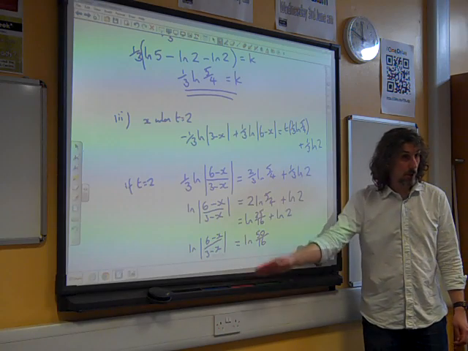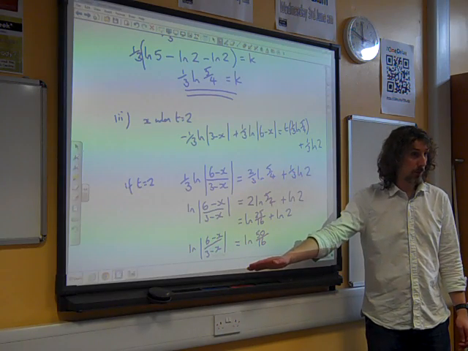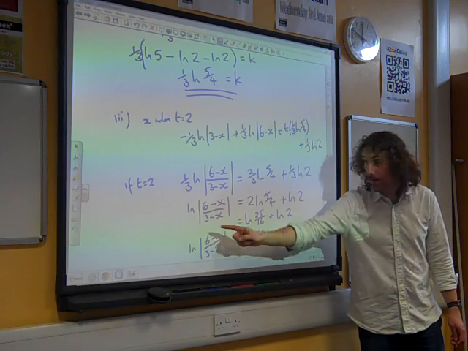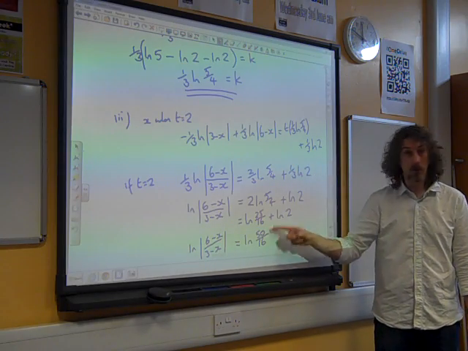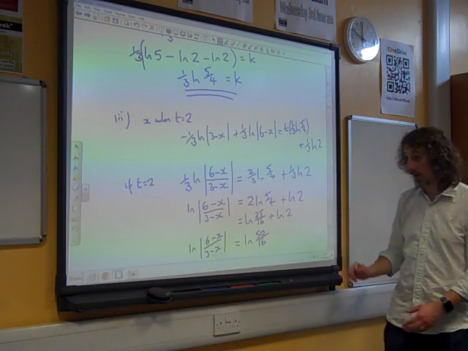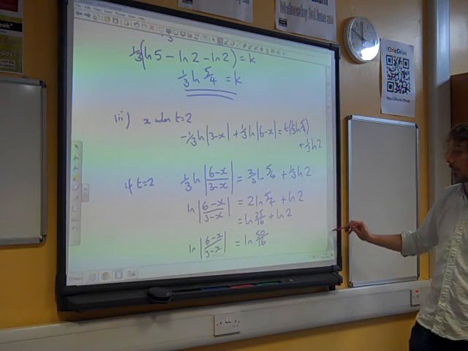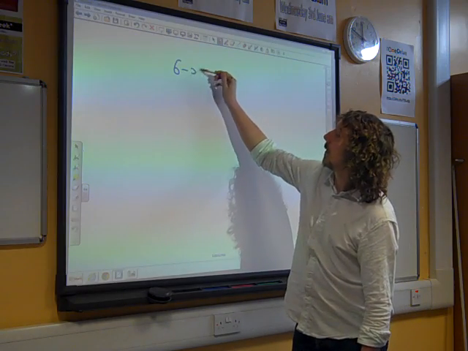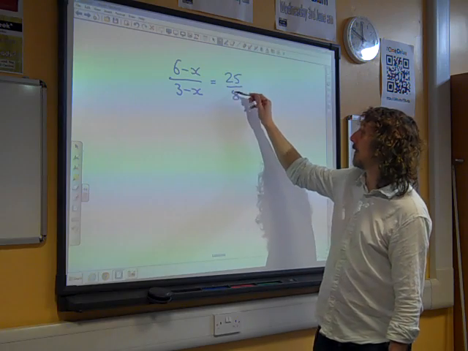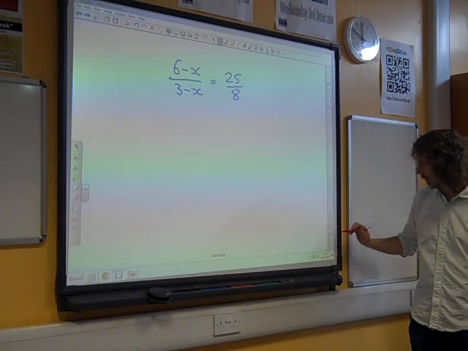I've not been moving up because the board has decided I've done too much maths on this page and won't let me extend the page any further. So at this point, we've got natural log of something equals natural log of something. So the somethings must be the same. Let's ignore the natural logs and say 6 minus x over 3 minus x is 25 over 8. Was it 25 over 8? Yeah. Good.